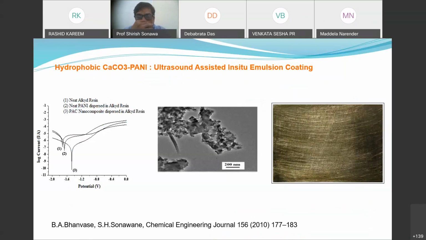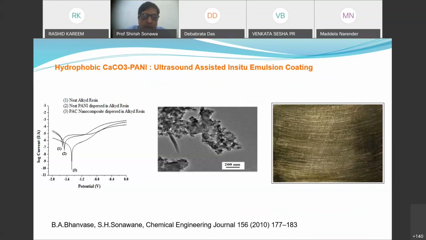One more example I will give here is that we can prepare conductive inorganic coatings also. For example, polyaniline with calcium carbonate can be utilized for corrosion inhibition coatings.